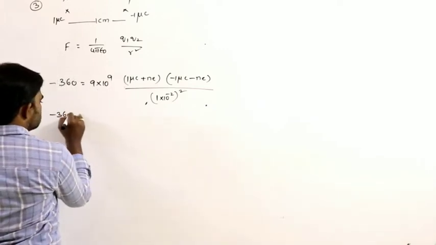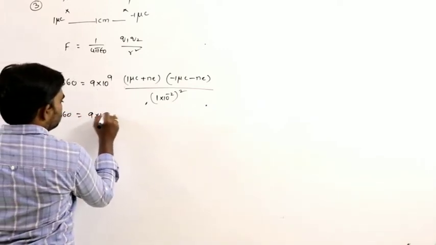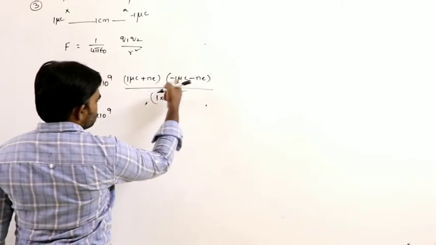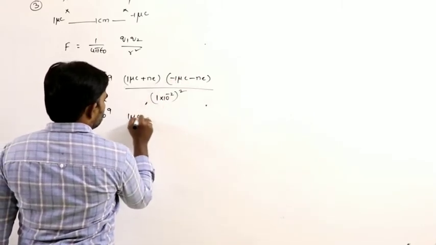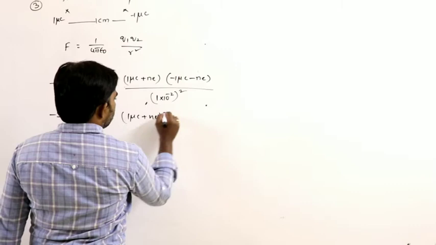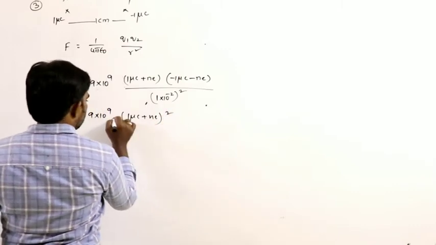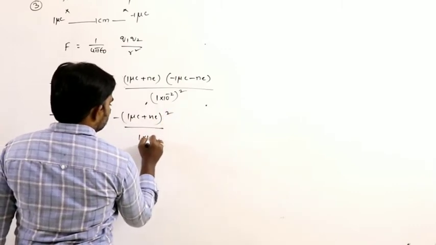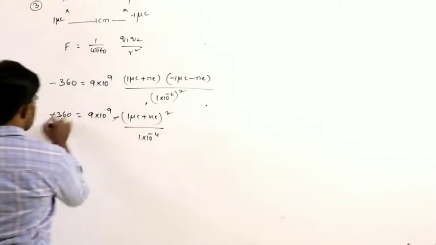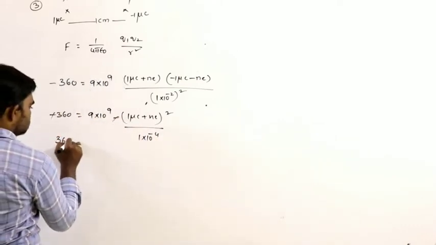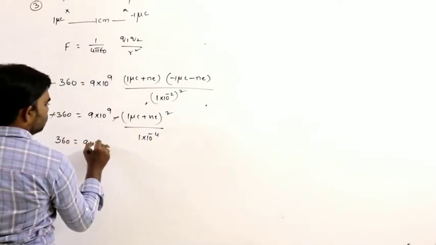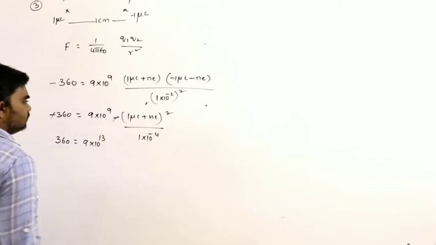So minus 360 is equal to 9 into 10 to the power of 9 into, taking minus common, 1 microcoulomb plus Ne whole square, divided by 1 into 10 to the power of minus 4. Minus gets cancelled. So 360 is equal to 9 into 10 to the power of 13 into 1 microcoulomb plus Ne.